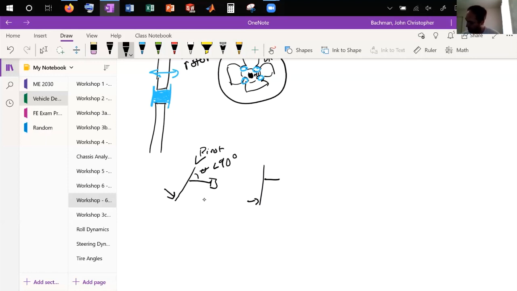But this is at center, so it's perfectly at 90. Once this begins to go over center, it begins to decrease. So the force on the master cylinder begins to go down. As it goes here it's going up.